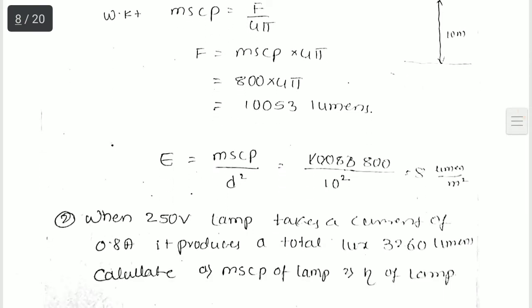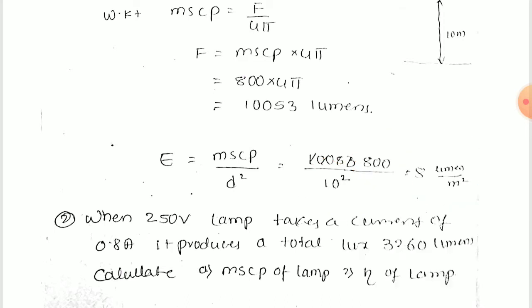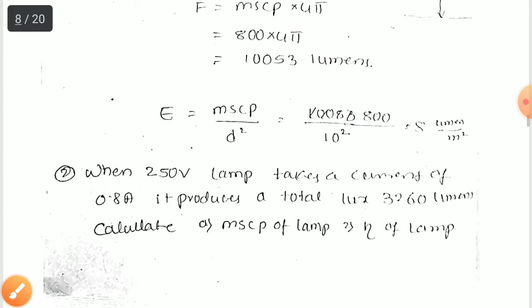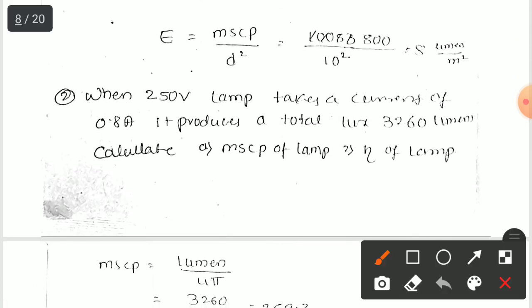So 800 divided by 10 square gives 8 lumens per meter square. That is the answer: the illumination on the plane surface is 8 lumens per meter square, or 8 lux.